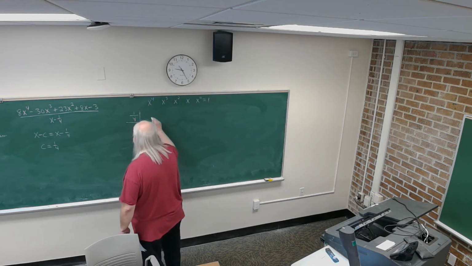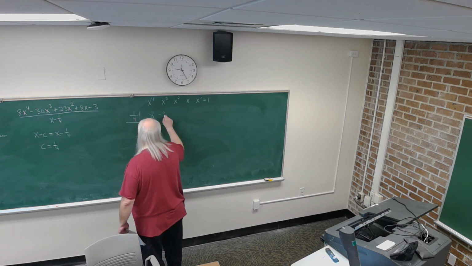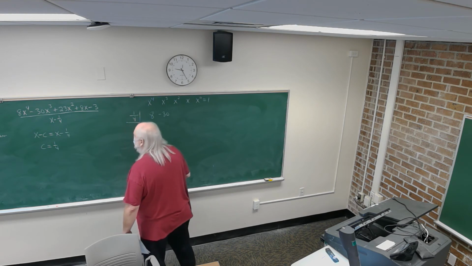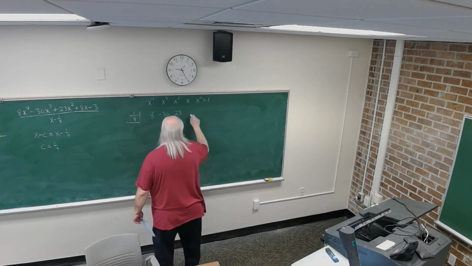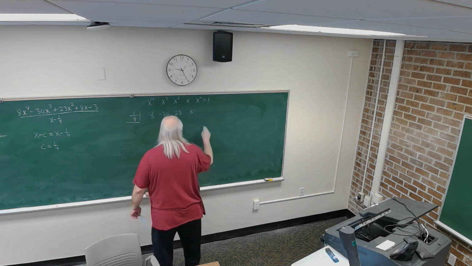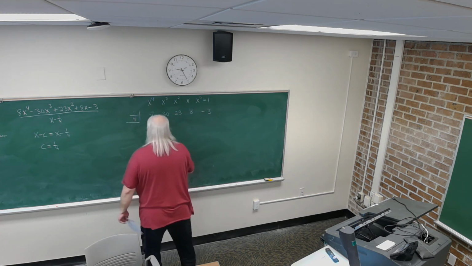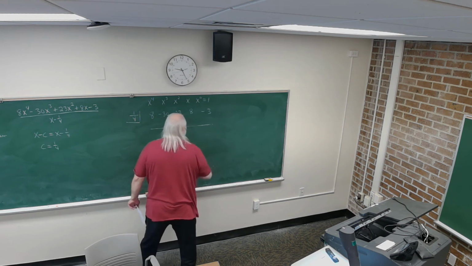Coefficient for x to the fourth is 8. Coefficient of x cubed is minus 30. Coefficient for x squared is 23. Coefficient for x is 8. And the constant term is minus 3. Then we leave an empty row and draw a line.